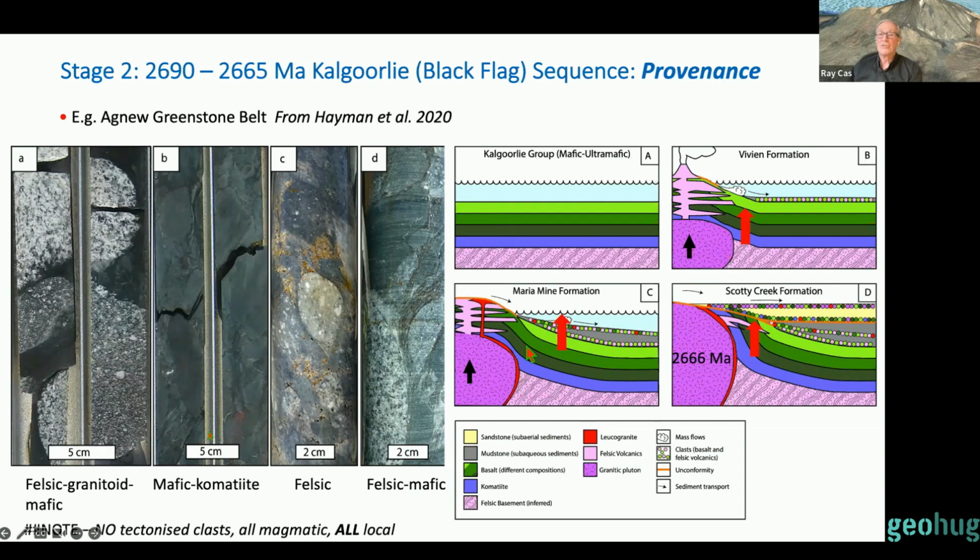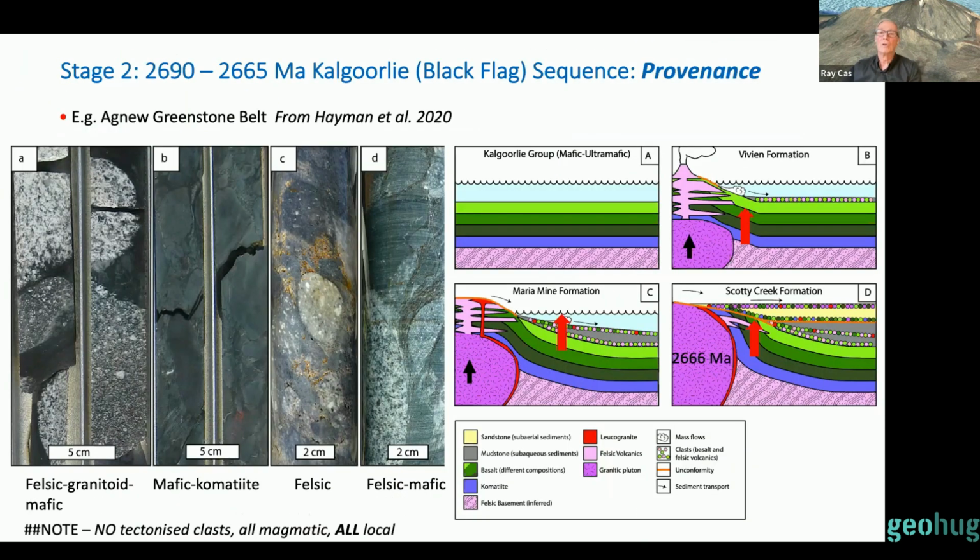And that trend continues, but in addition, we then start to see the influx of localized granitoids and also felsic volcanic clasts in those conglomerates, and that then continues higher up in the stratigraphy. So basically, it seems as though the stratigraphy is being progressively unroofed as it's actually forming.